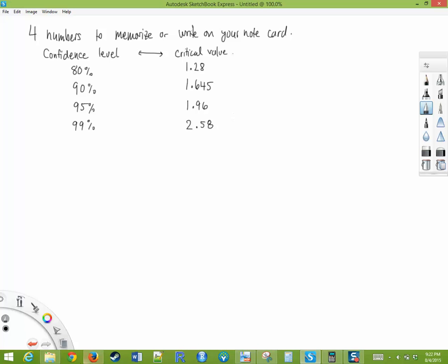Again, either memorize these or just make sure you have them written on your note card. I'm going to put stars all around these.